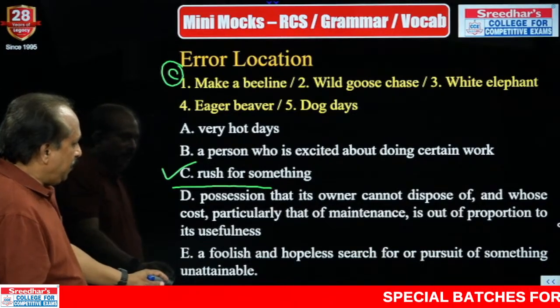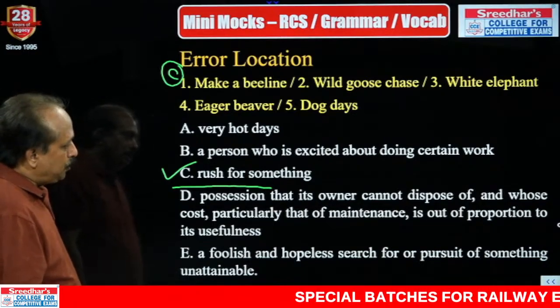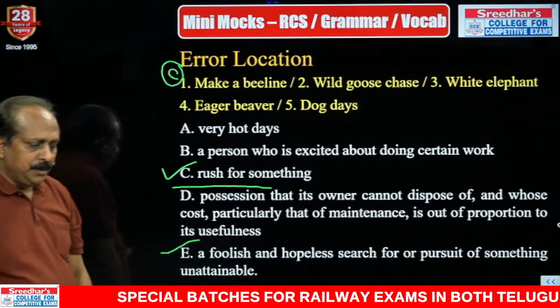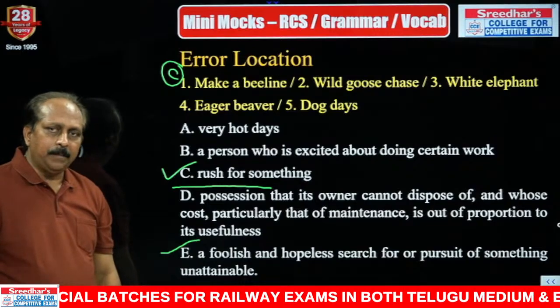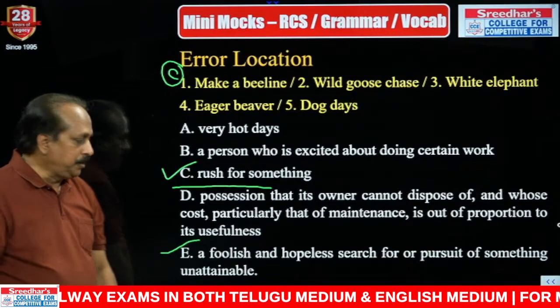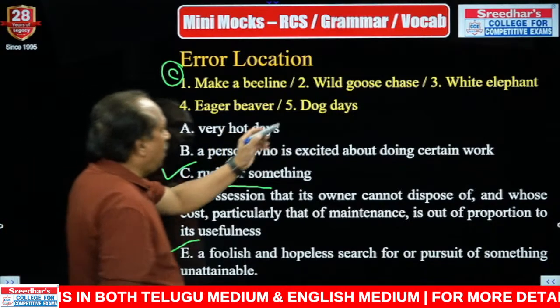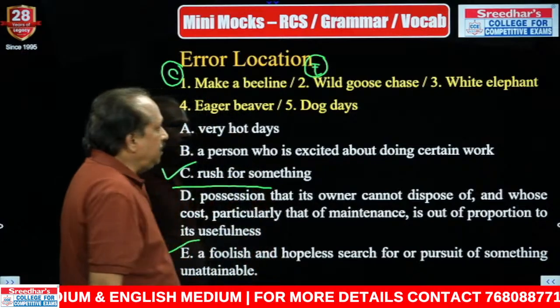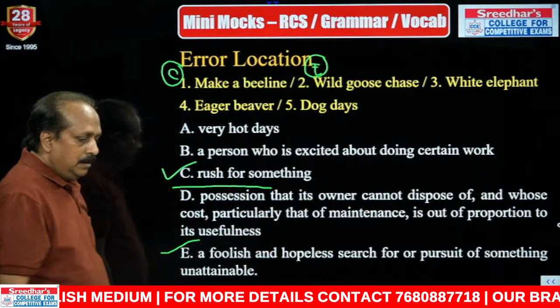A foolish and hopeless search for or pursuit of something unattainable. Something is not feasible, something is not going to happen, still you try for that. Then we say a wild goose chase. Second one, it is E. First one is C, second one is E.